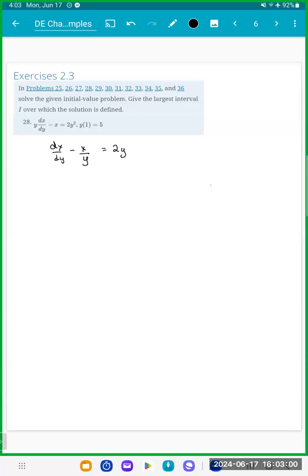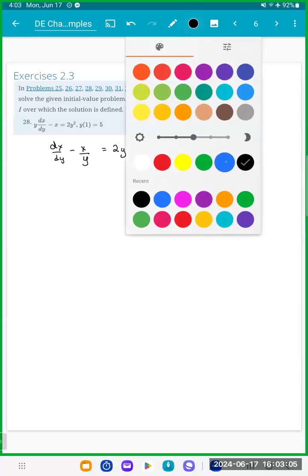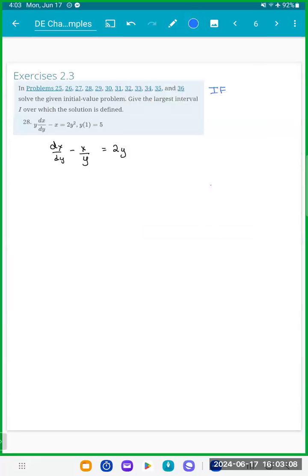So looking at our integrating factor, our integrating factor is going to be e to the integral of -1 over y dy. So that is e to the negative log of y, which is simply 1 over y. Okay, so we have x times our integrating factor equals the integral of our integrating factor times 2y dy.